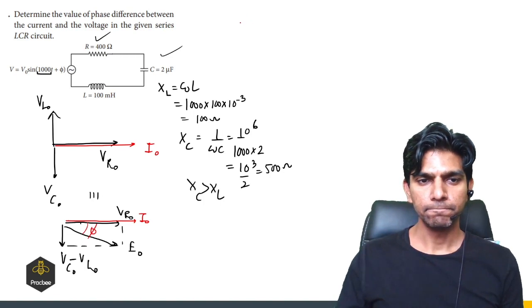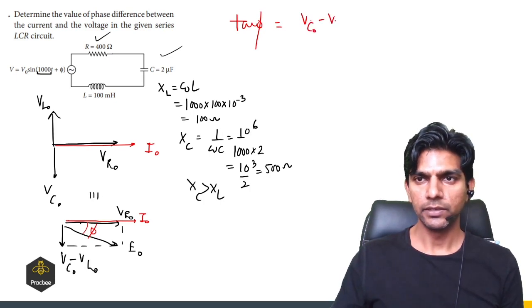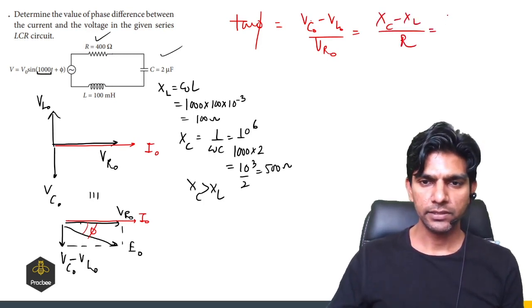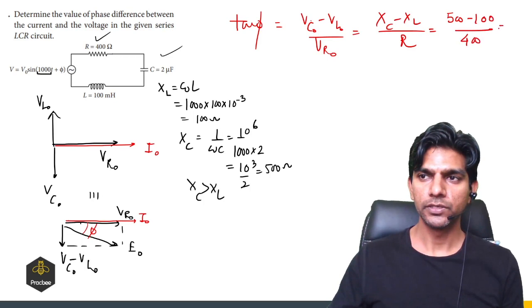So we can say tan phi will be VC naught minus VL naught divided by VR naught, and this can be written as XC minus XL divided by R. XC is 500, XL is 100, and R is given as 400. So it comes out to be 1.